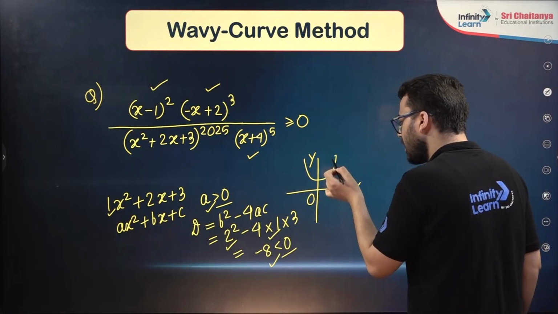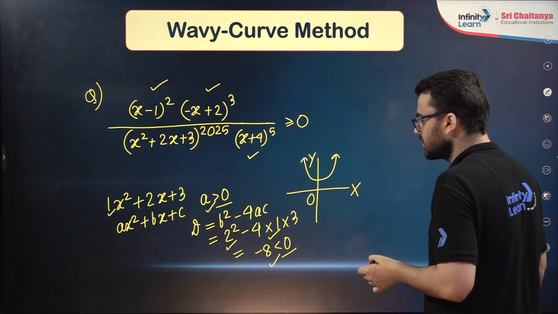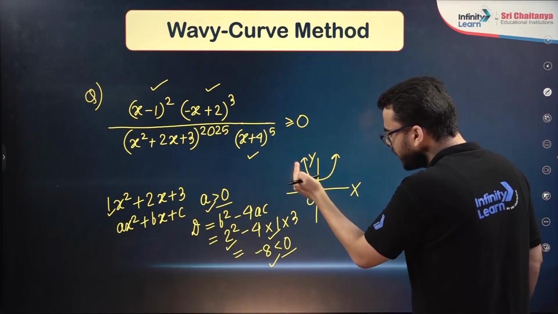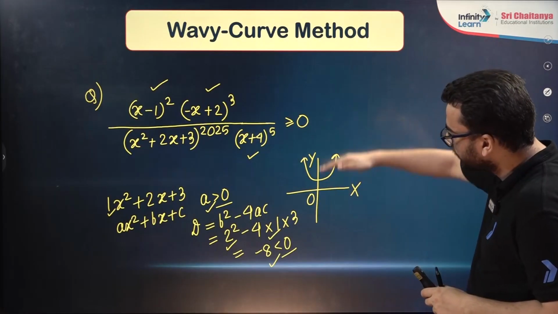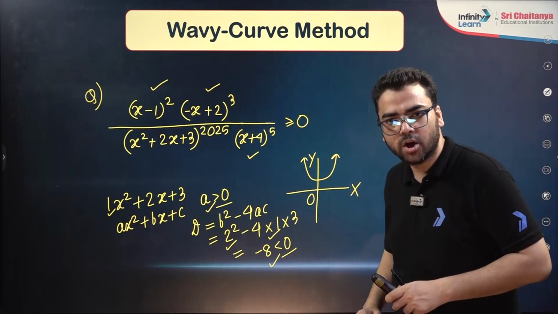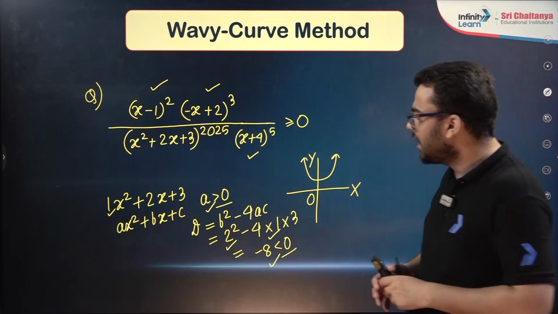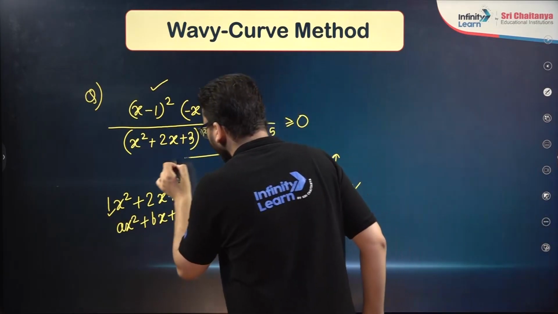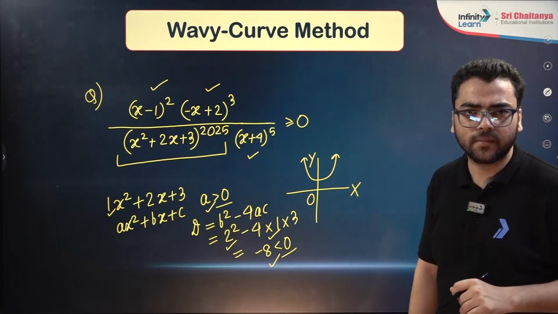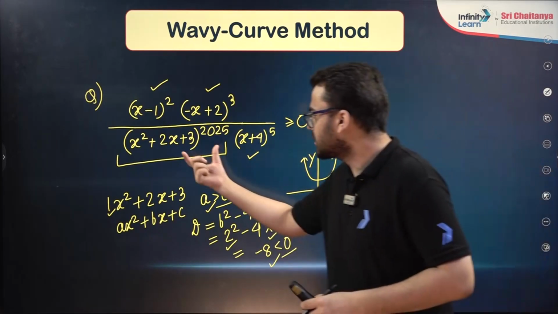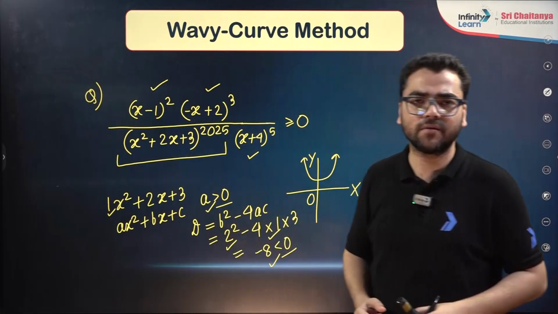The graph will be above the x-axis, something like this. So if you take any value of x, the value of the polynomial is going to be positive only, irrespective of the value of x.